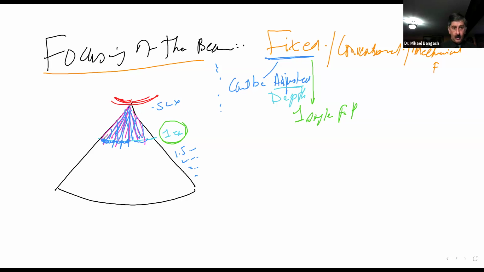But they're all going to be focusing at the same depth in the image. Did you guys get that? But it was fixed in the sense that we couldn't move it to a shallower depth. We cannot move that focal point to a deeper depth. Is that clear?